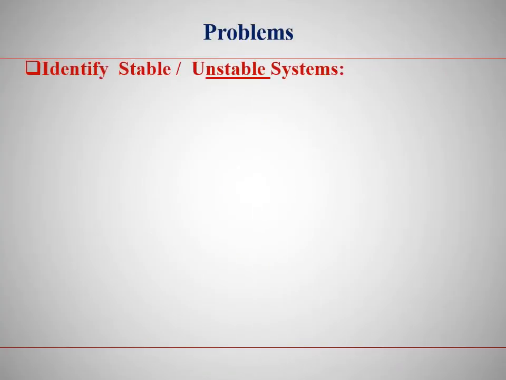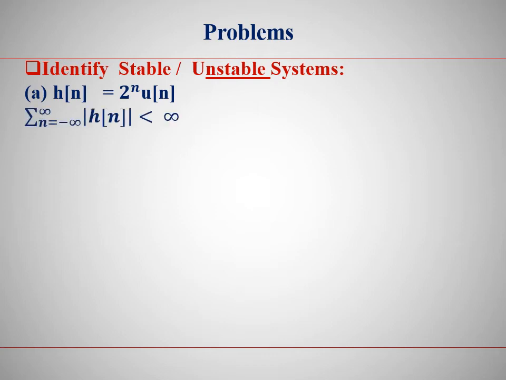Let us go on to a simple problem to understand the concept of stability and instability. The problem given is h of n is equal to 2 power n u of n. The condition to be proved is that the summation from n equal to minus infinity to plus infinity of the absolute value of h of n is less than infinity.